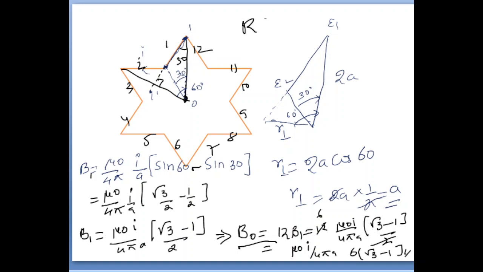For that you use the right hand thumb rule. Here the field will be inward, and on this side outward for this segment. For all the segments the magnetic field is similar, because the structure is symmetric. So your final magnetic field at the center will be outward.